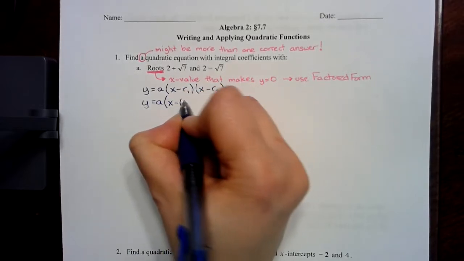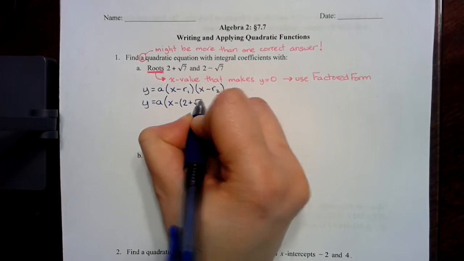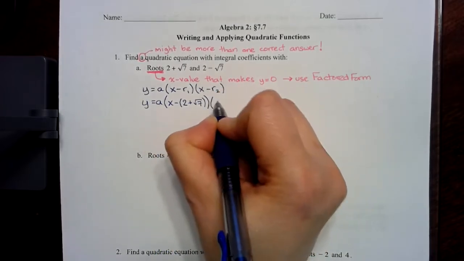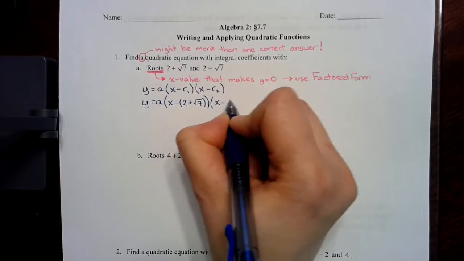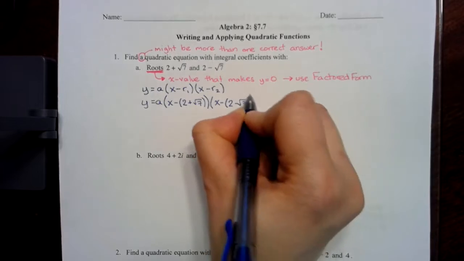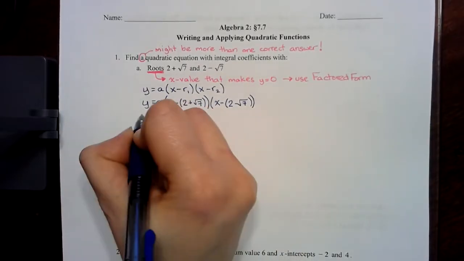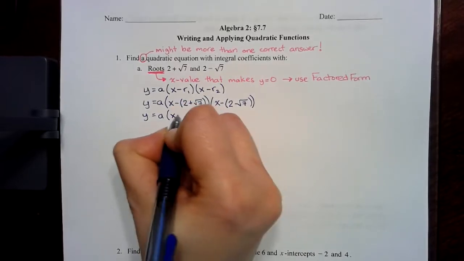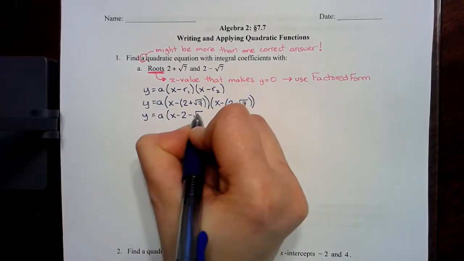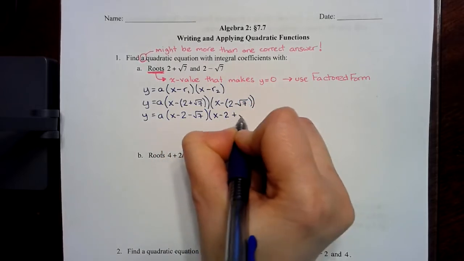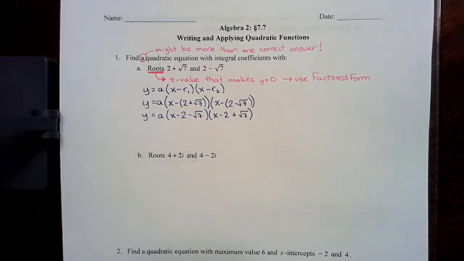So I need to subtract off the whole 2 plus root 7 quantity, and I have to subtract off the whole 2 minus root 7 quantity. So let's distribute that negative, and I get this formula.